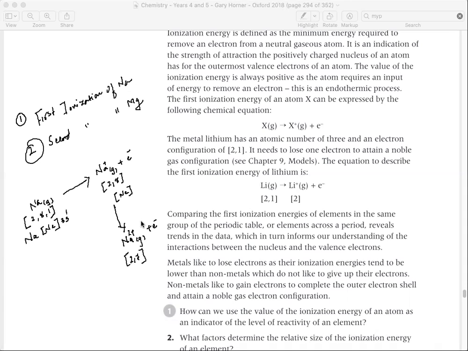Yes, sir. Okay. So can you write the second ionization for magnesium? You don't have to write the first ionization, you would write the second ionization of magnesium.